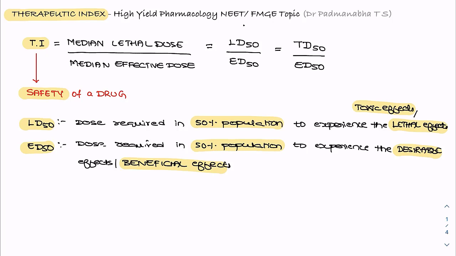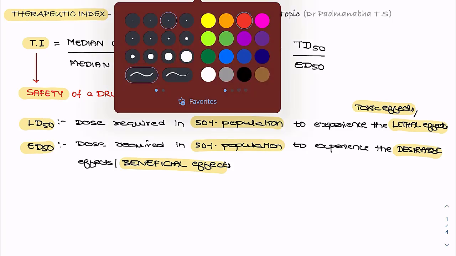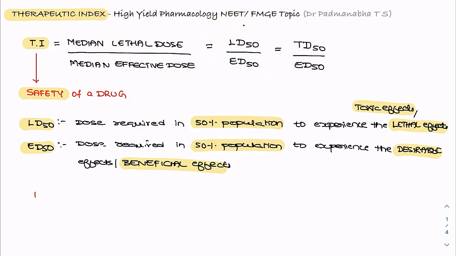Is that clear? Okay. So how do you remember this therapeutic index formula easily? It can be remembered as TILE, or as TITE. TI stands for therapeutic index and L stands for the lethal dose in 50% of the population divided by the effective dose in 50% of the population.